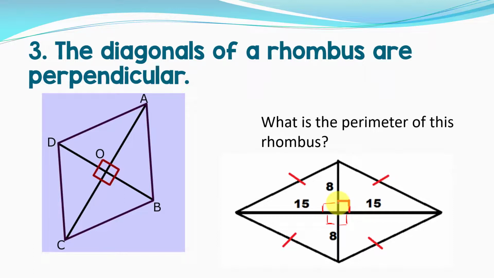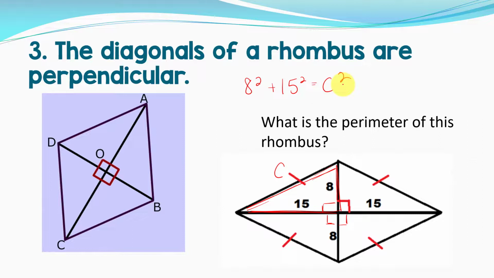So if I needed to solve for this missing side, I could say, well, this on its own is a right triangle. The legs, 8 squared plus 15 squared equals, we'll call this c for now, c squared, right? a squared plus b squared equals c squared.